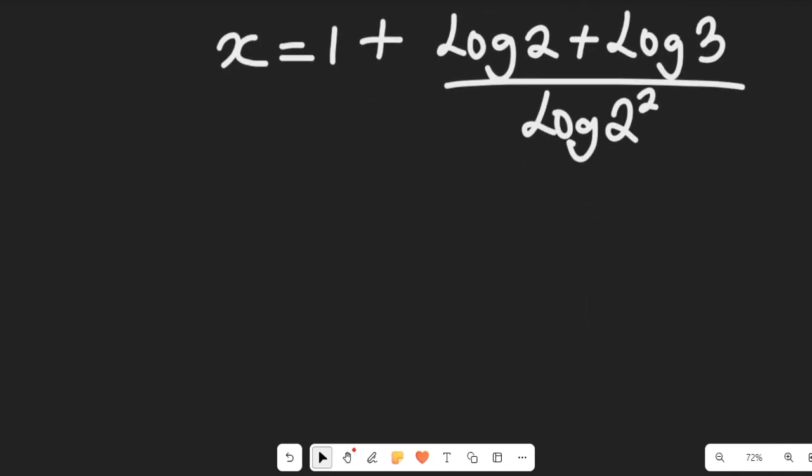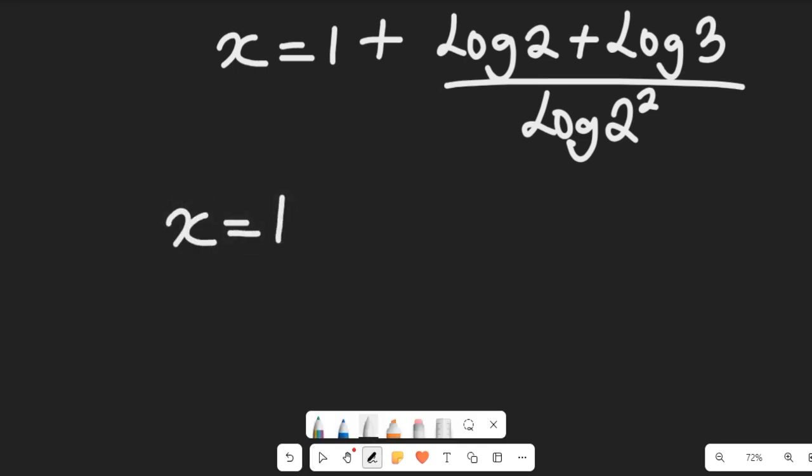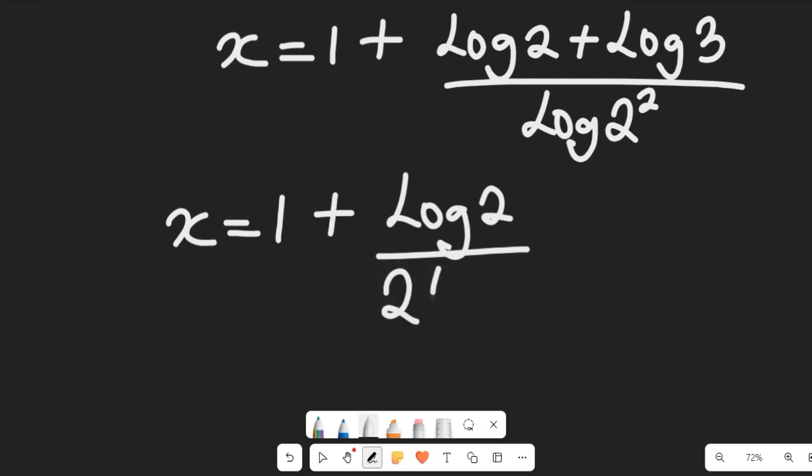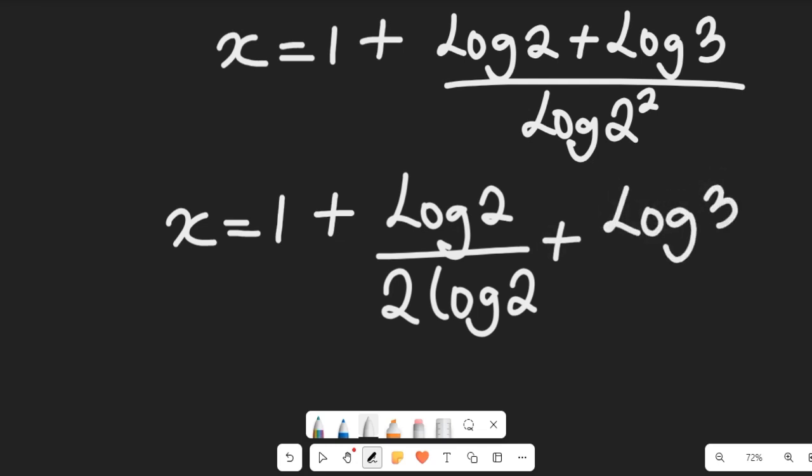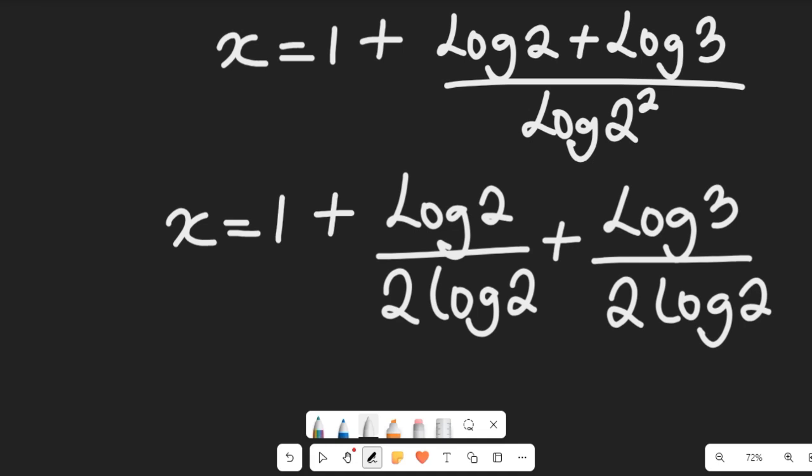If I separate that, I'm going to have the value of my x to now be equal to 1 plus log of 2 divided by, this will become 2 log 2, plus log of 3 divided by 2 log 2.